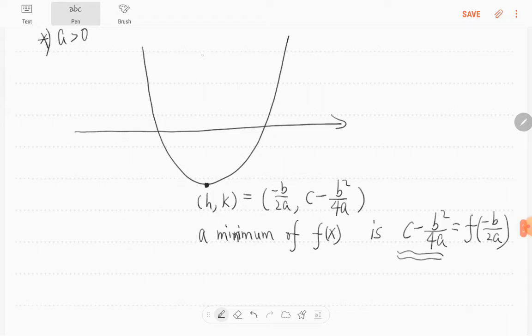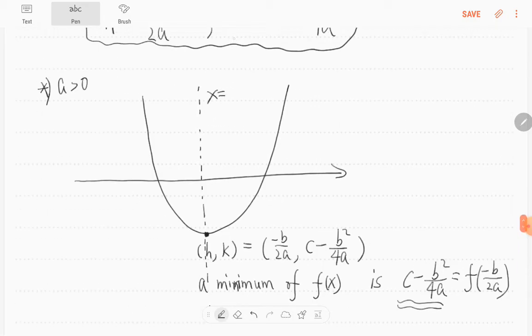It also tells you there is a line of symmetry, which is x equals h.